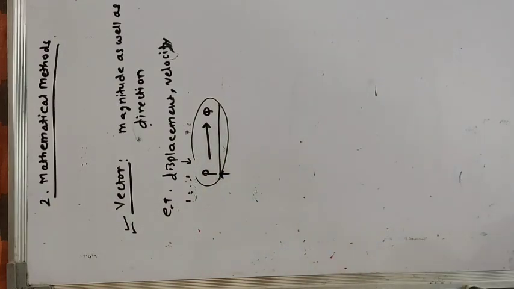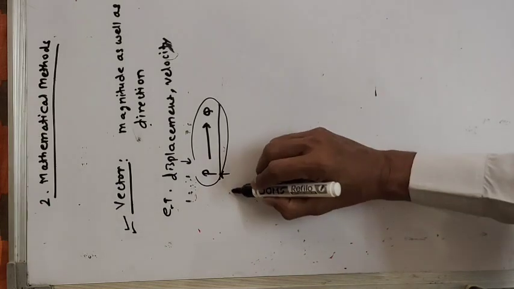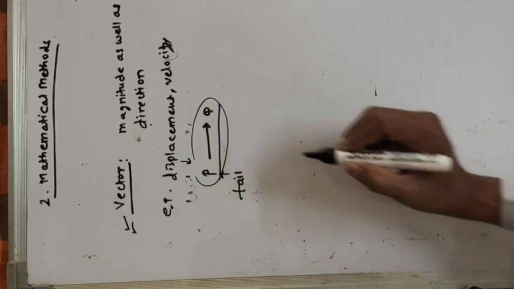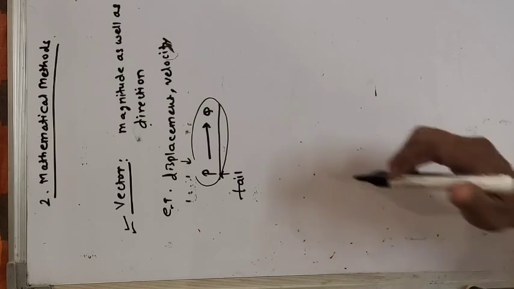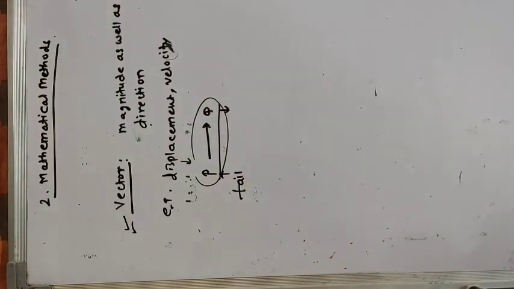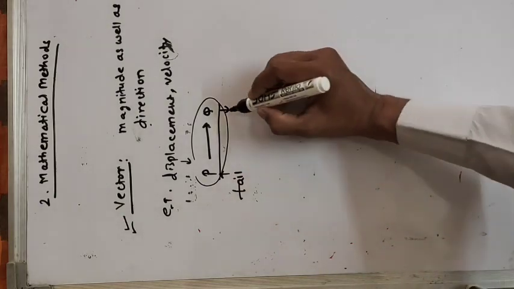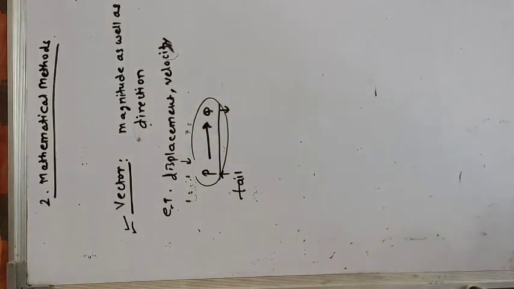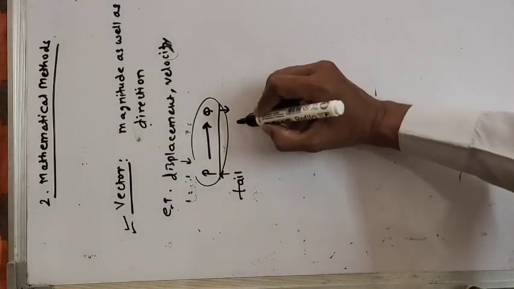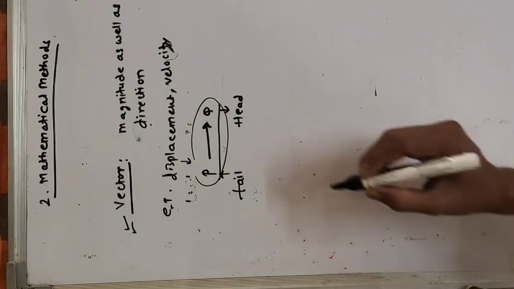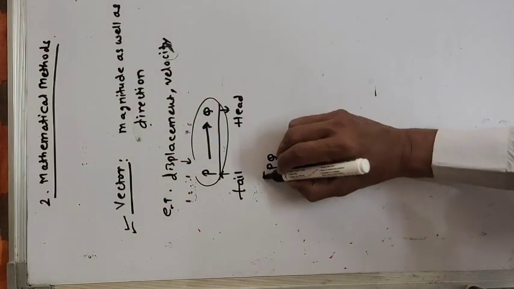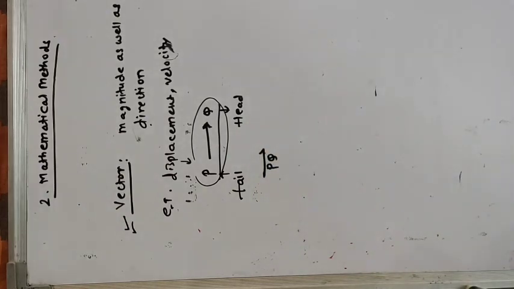P is the starting point of the vector. It is called the tail. Though it is the starting point, it is called the tail. The end point Q, which has an arrowhead, is called the head of the vector. Symbolically this vector is represented by PQ bar.